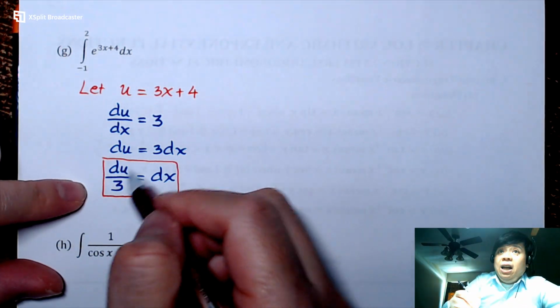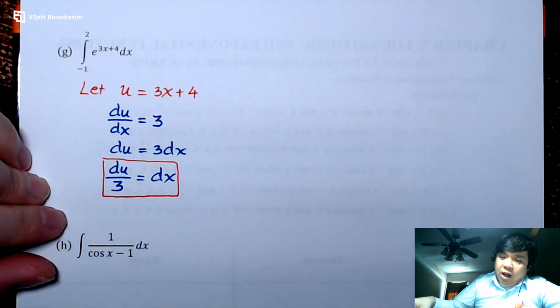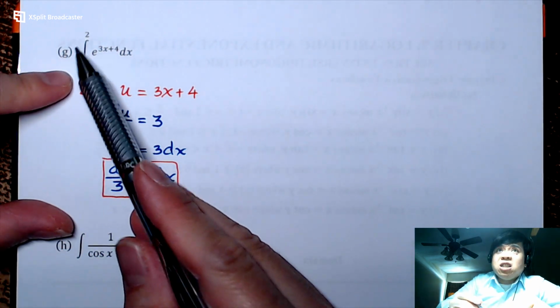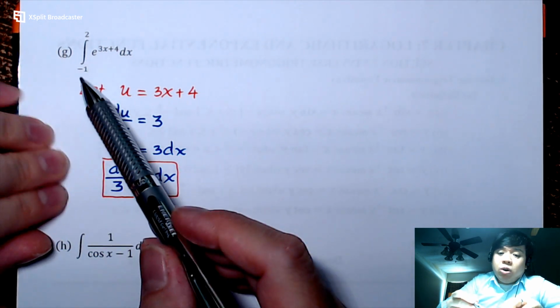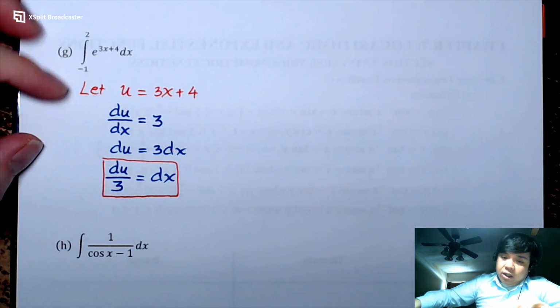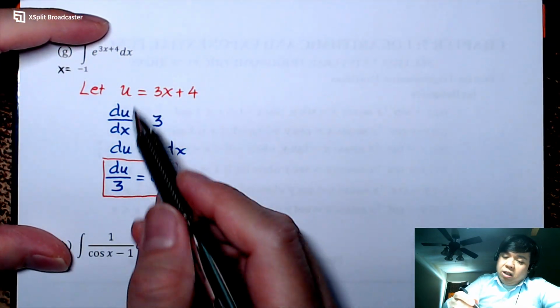u and dx. Next, this one has the limit of x. Originally, it goes from -1 to 2. So we make this substitution.